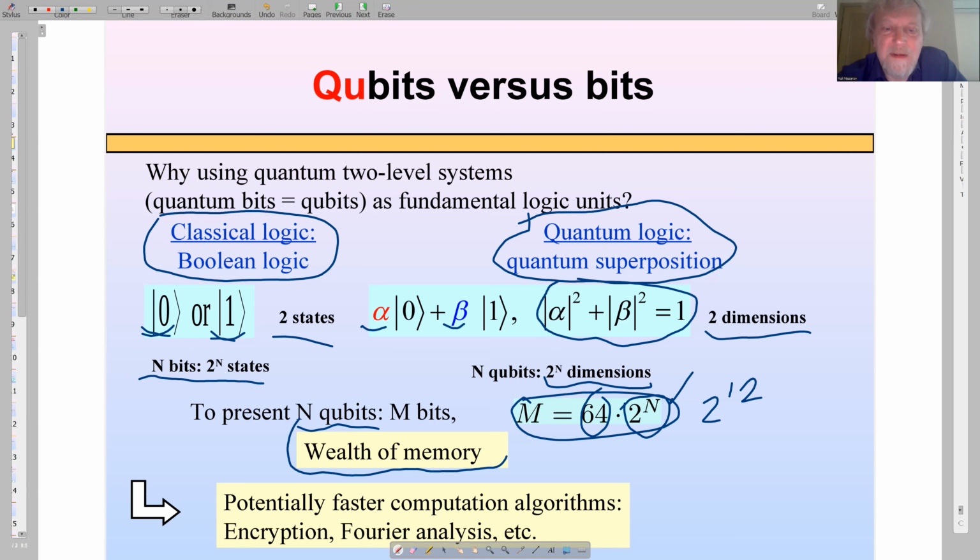If we talk about wealth of memory, it is some information which we have put into the wave function. If we read that, we necessarily collapse the wave function, which means that we don't have any reliable way to read what we have put into this system of qubits.